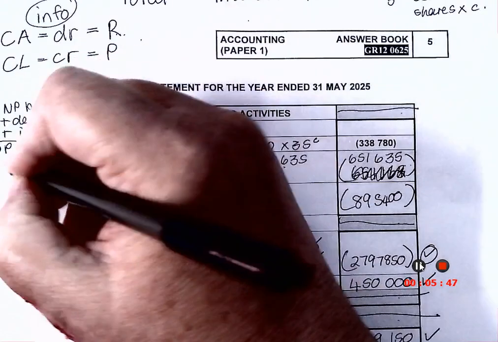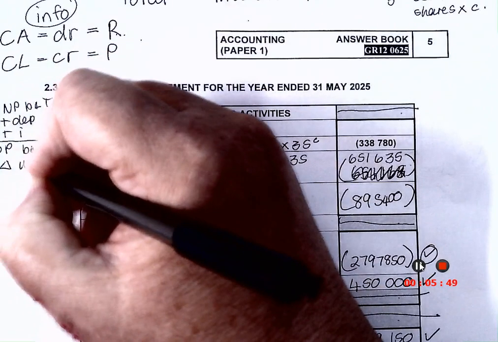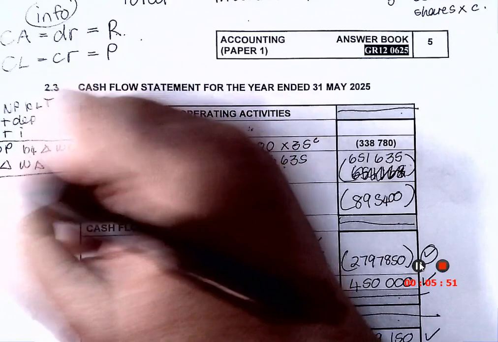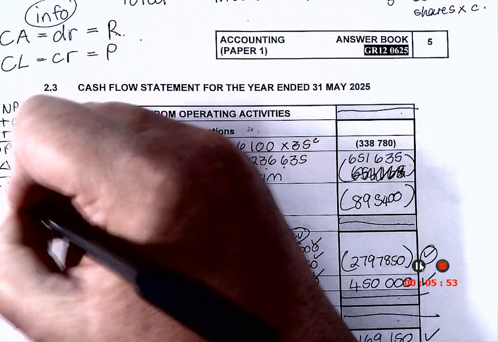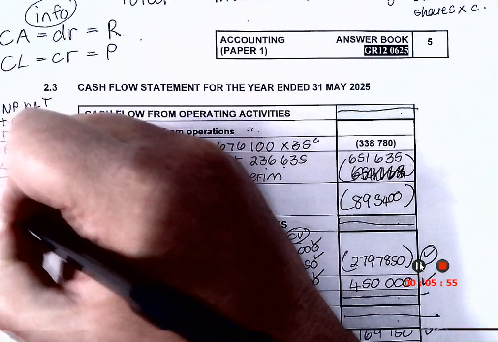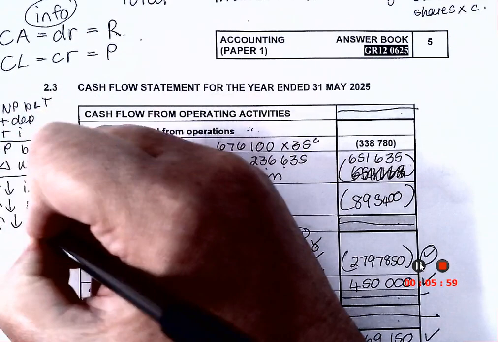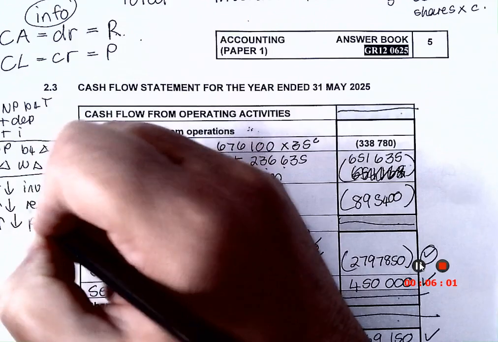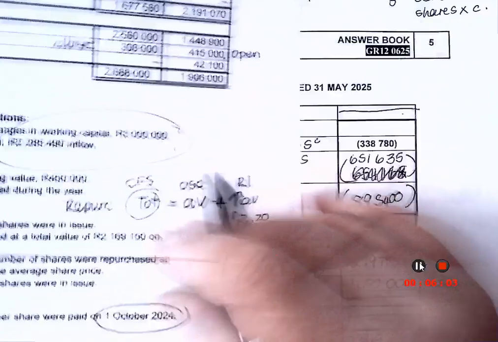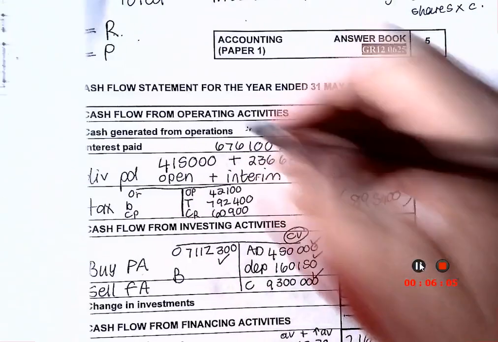Then they give you changes in working capital, né? Which is mostly the increase, decrease inventory, increase, decrease receivables, increase, decrease payables. So that's what they give you here. So they tell you it's 3 million.